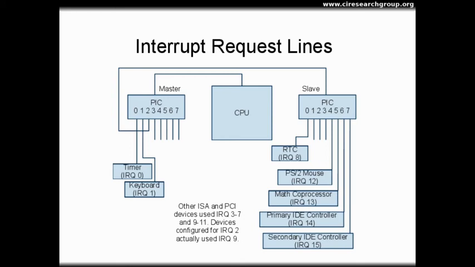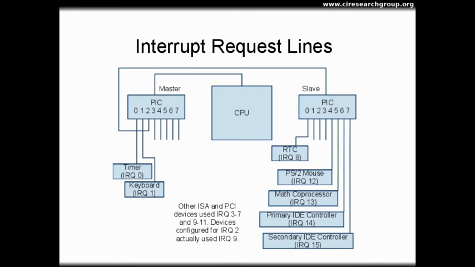Each pin on each of the two chips allows for 16 interrupt numbers to be created. Interrupts 0 through 7 correspond to the pins of the master chip, and interrupts 8 through 15 correspond to the pins of the slave chip.